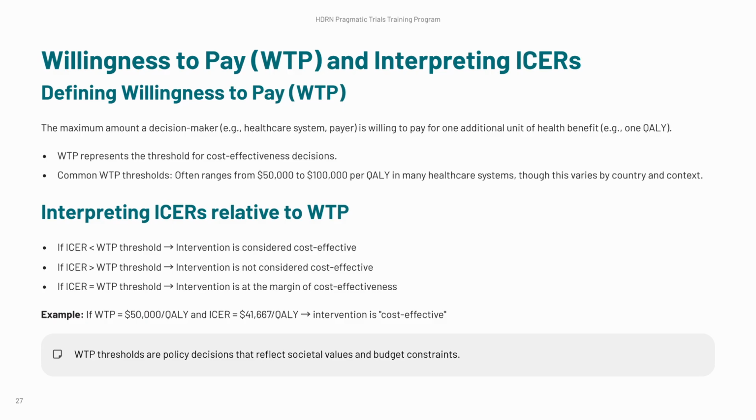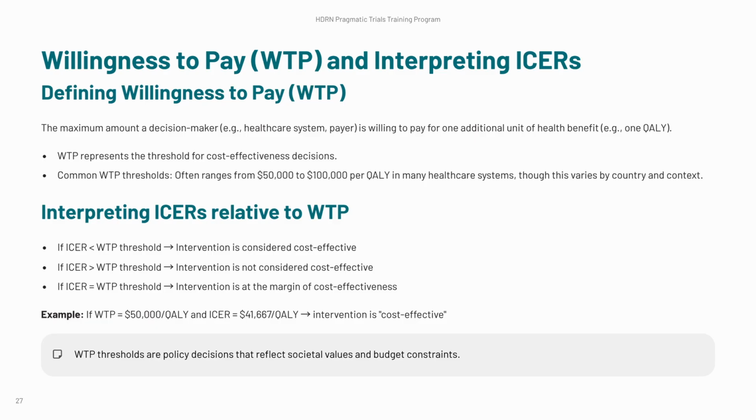An ICER on its own is just a number. To decide whether it is acceptable, we need a willingness to pay threshold. That is, the maximum amount a decision maker, like a health system or public payer, is prepared to pay for one additional QALY. Many systems talk about ranges such as $50,000 to $100,000 per QALY, although the exact value is a policy choice.